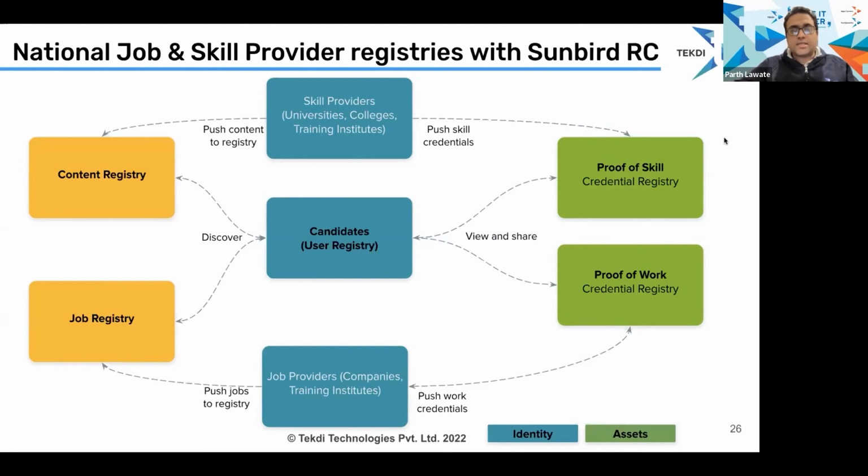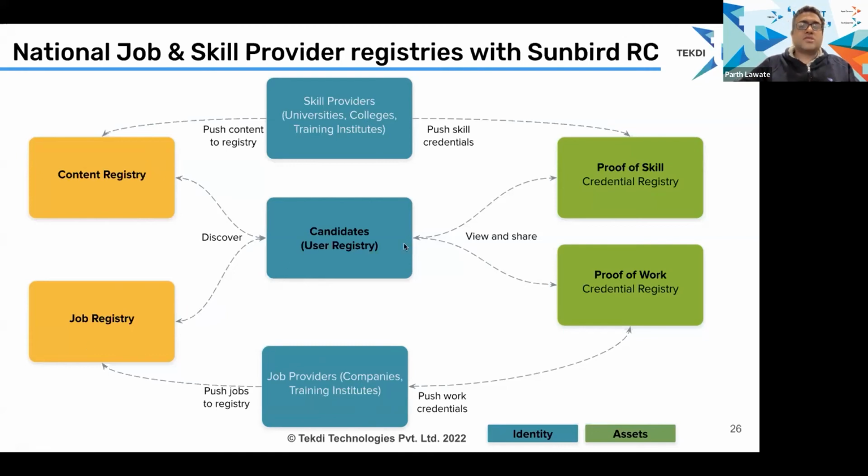So what is being done is that a content registry is being created, which is powered by accredited skill providers, which would be universities, colleges, skill institutes, which are pushing content to the content registry. Similarly, there are job providers, which would be companies, training institutes that are giving jobs into the job registry.